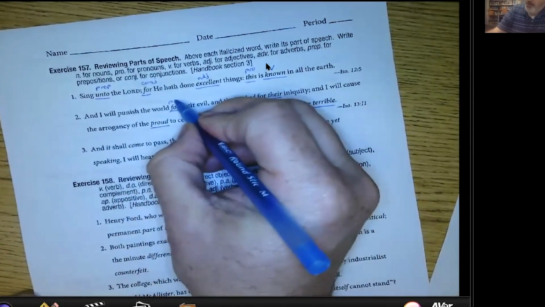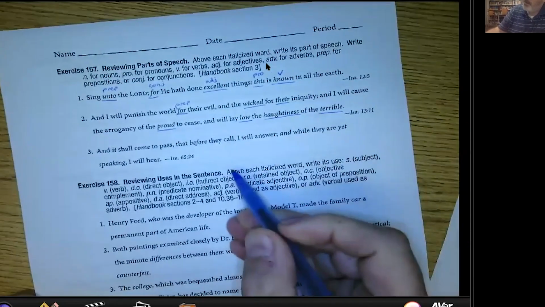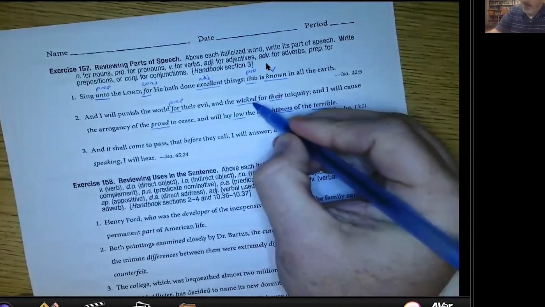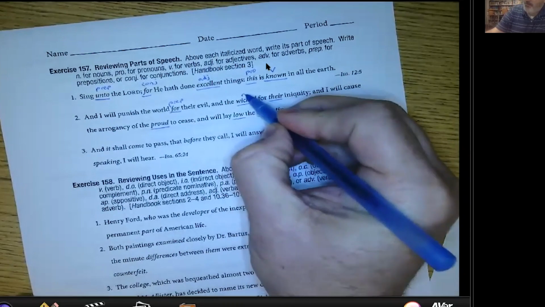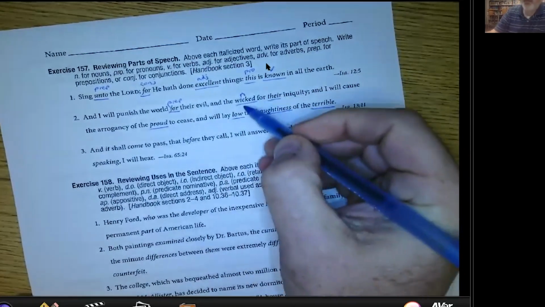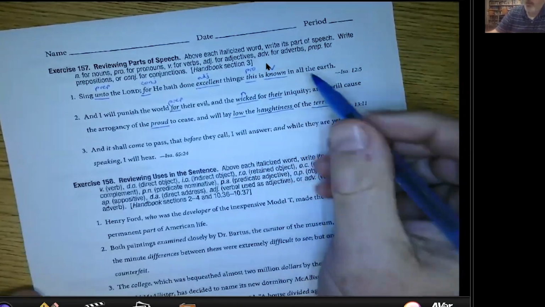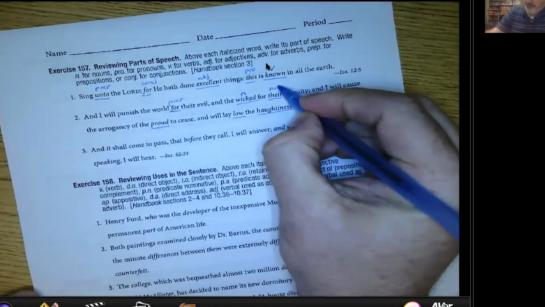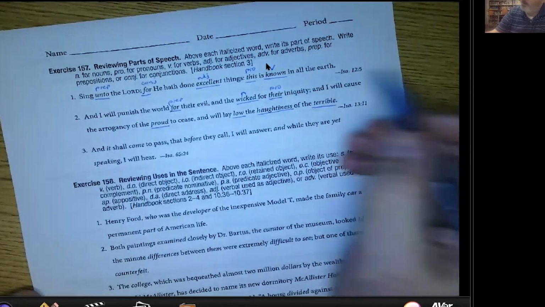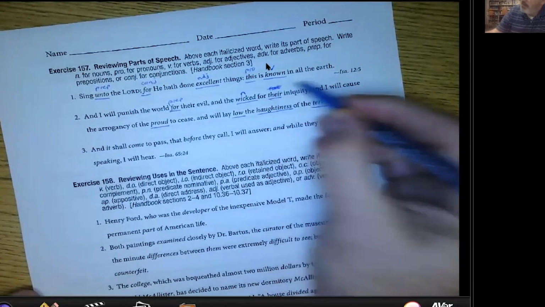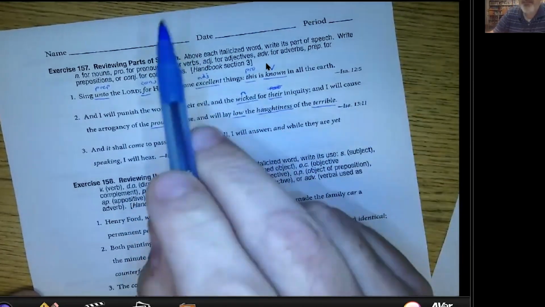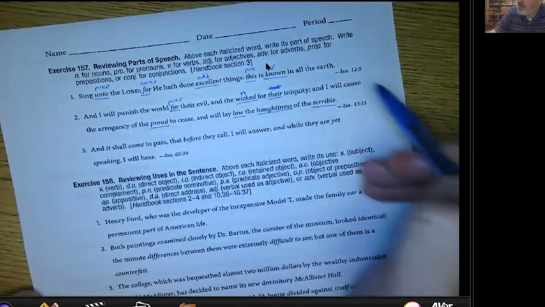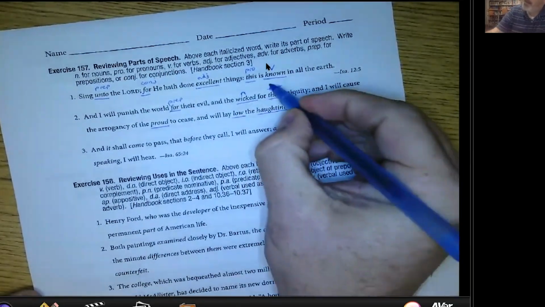That's prep, because for their evil is a prepositional phrase. And the wicked, that should be a noun, because we're referring to a wicked person, but we don't say person, we just say the wicked. For their, that's a pronoun. Oh, no, I'm sorry, it's not. It answers the question which one, what kind, how many, how much, and whose. Whose iniquity? Their iniquity. That's an adjective.